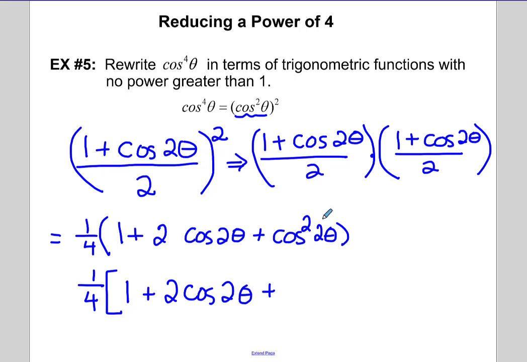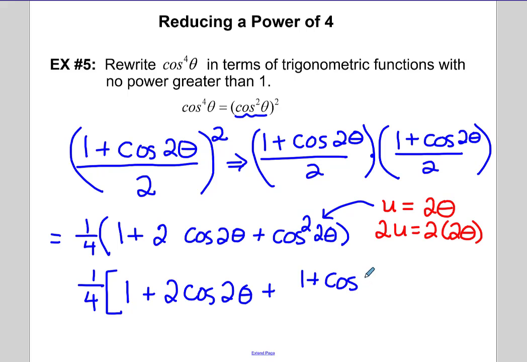But this, let's see, let me give a red pen here. Let's say if we let u become 2 theta, then 2u is 2 times 2 theta in that case. So this becomes 1 plus cosine of 2u divided by 2, based on that substitution right here.